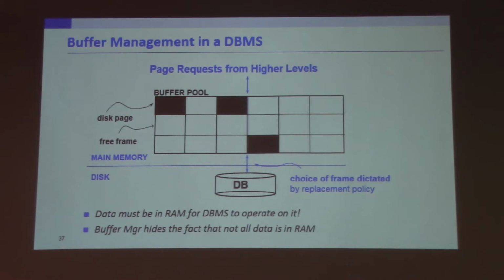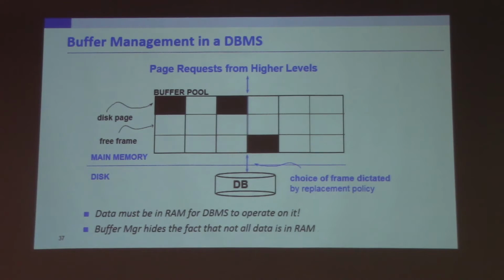The buffer manager maintains and manages a buffer for your DBMS. And the buffer is nothing else but a collection of main memory pages. So this is an illustration of a buffer pool, which in this case has 18 main memory pages. It's a fairly small buffer. Typically, you set up your database server with 2 gig or 4 gig or even 8 gig of main memory buffer allocated to your DBMS.